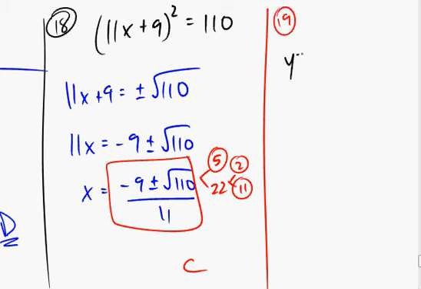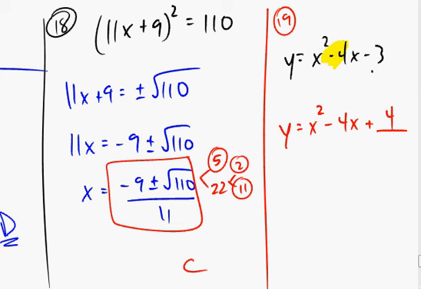19. Oh, write the equation in vertex form. Oh, so you have to complete the square, all right? So I say, y equals x squared minus 4x plus what? 4. You do half of this squared is 4, right?